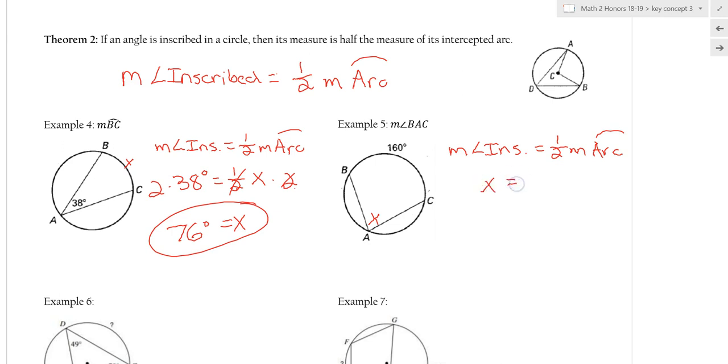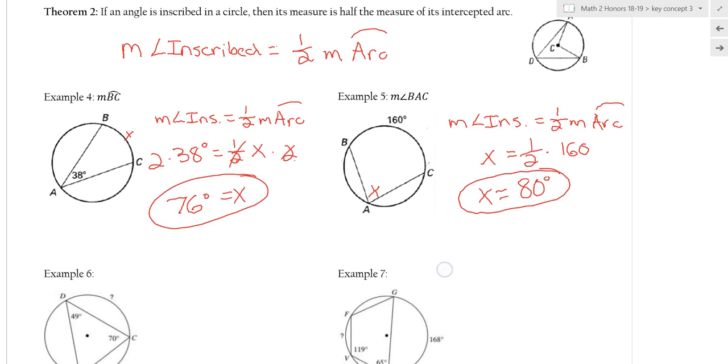X is my inscribed angle, 1/2 times my arc is 160. 1/2 times 160 is 80 degrees. Always check your work. You can kind of see your angle is smaller than your arc. So if you're getting a bigger number, you probably flip-flopped what went where. Okay, so be careful with that.